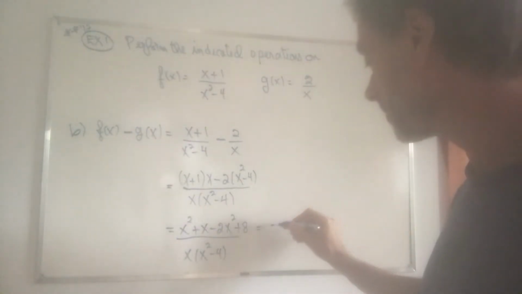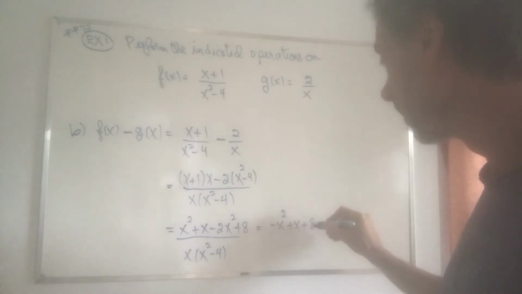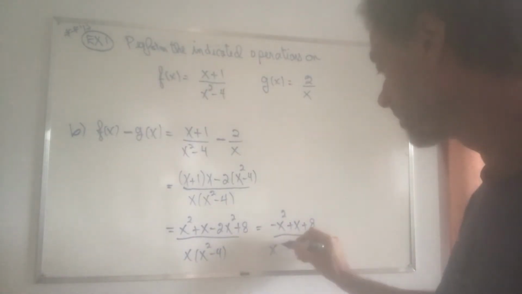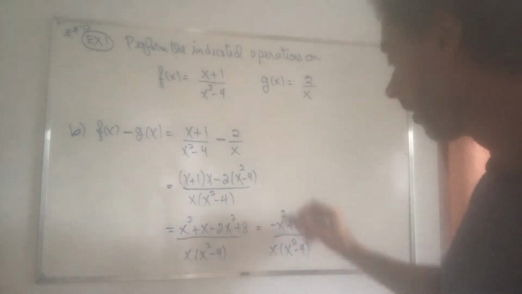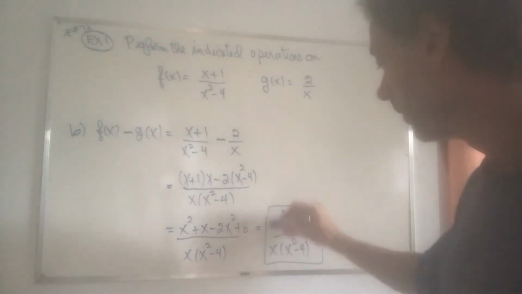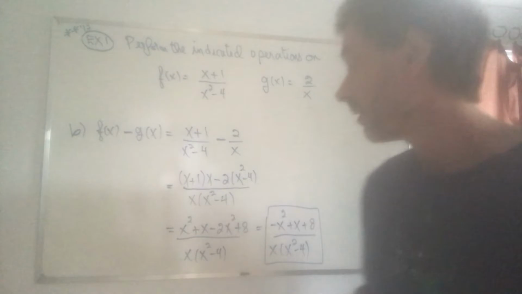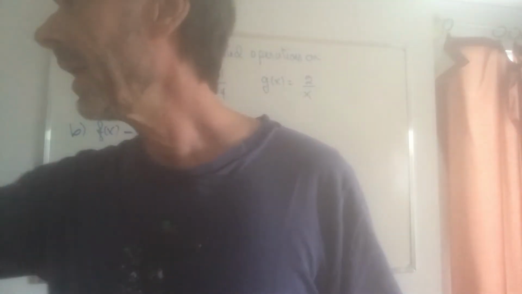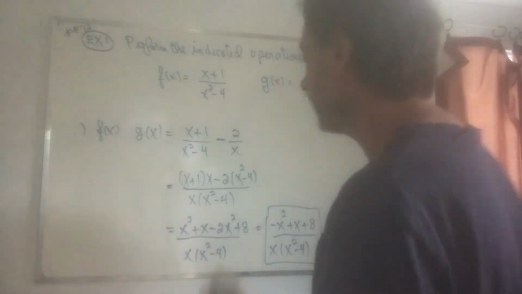So this is minus x squared plus x plus 8 over x times x squared minus 4, and that's how we have subtracted g from f. Simple and similar to the addition. All right, so let us practice now on f times g.